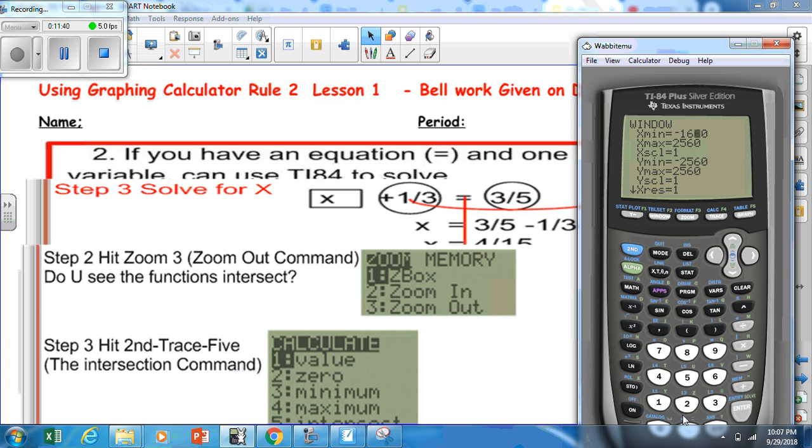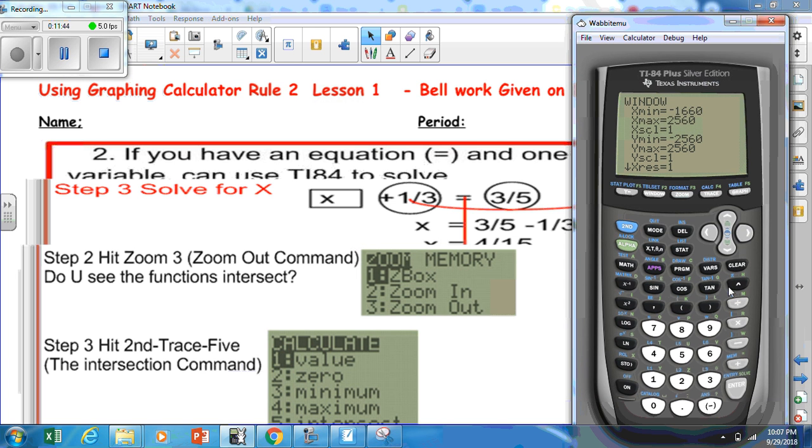Clear, positive 160. Clear, negative 160. Clear, positive 160. Again, guys, the more you use a graphing calculator, the more you get some of these tricks down.